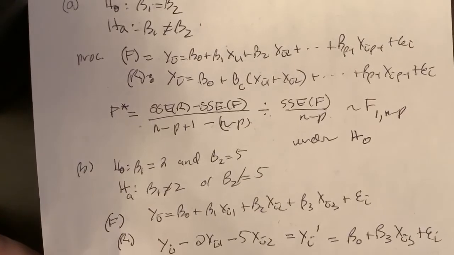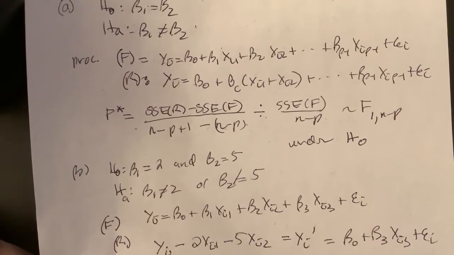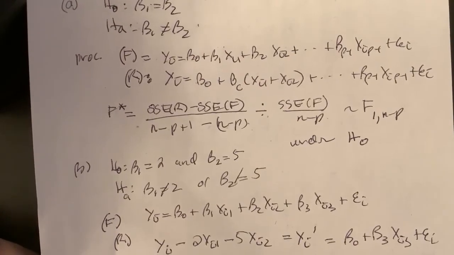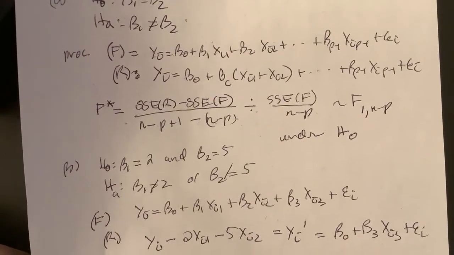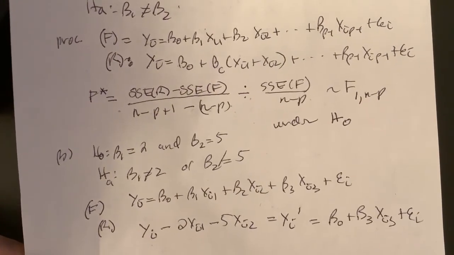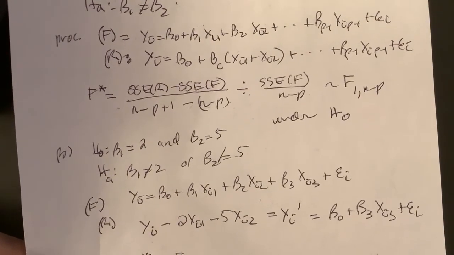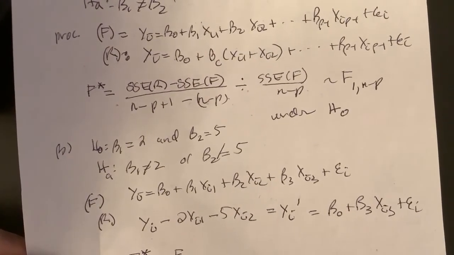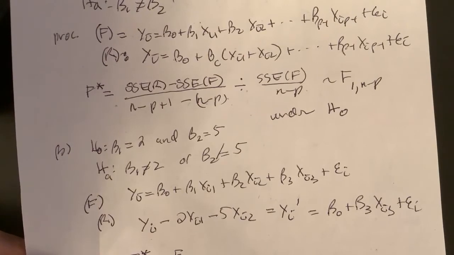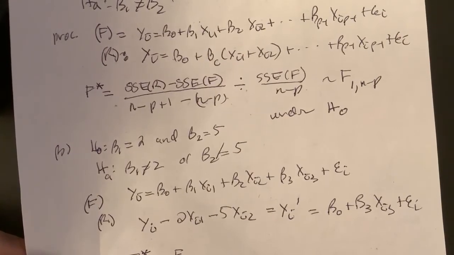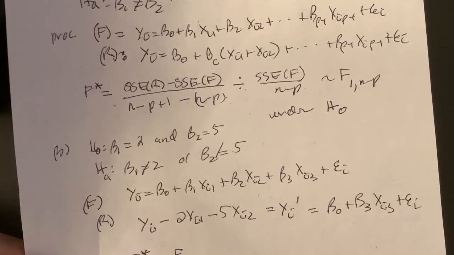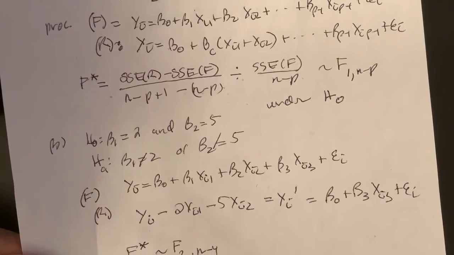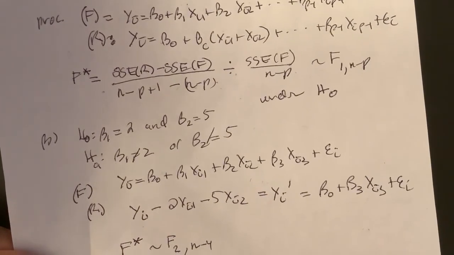Okay, another example. Suppose I want to test whether 2 of the betas are exactly equal to 2 and 5. Well, again, I can't really use extra sum of squares, but I can use the general linear test approach here. So I'll make a test, H0: beta 1 equals 2, beta 2 equals 5; HA: either one of the 2 is not true, they're not both true. And I get a full model that gives me every possibility. I'm only using p equal to 3 here.